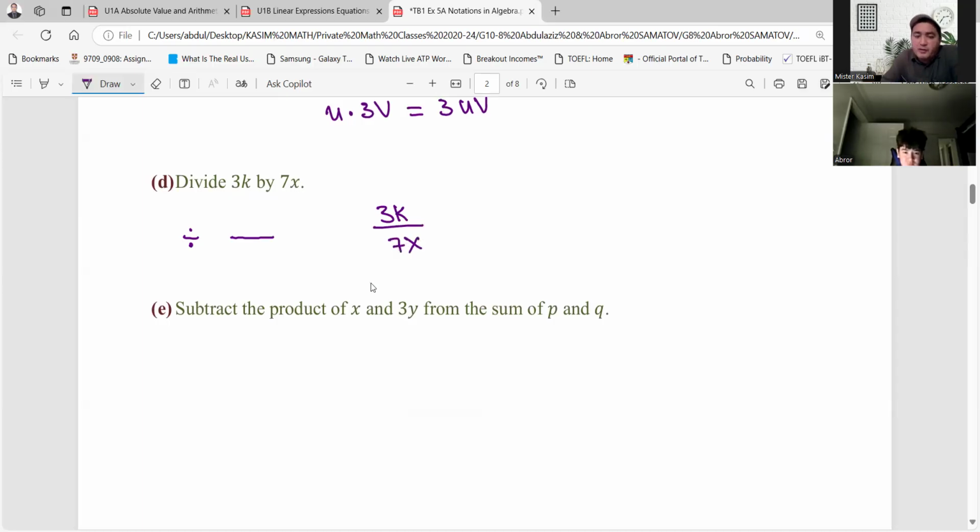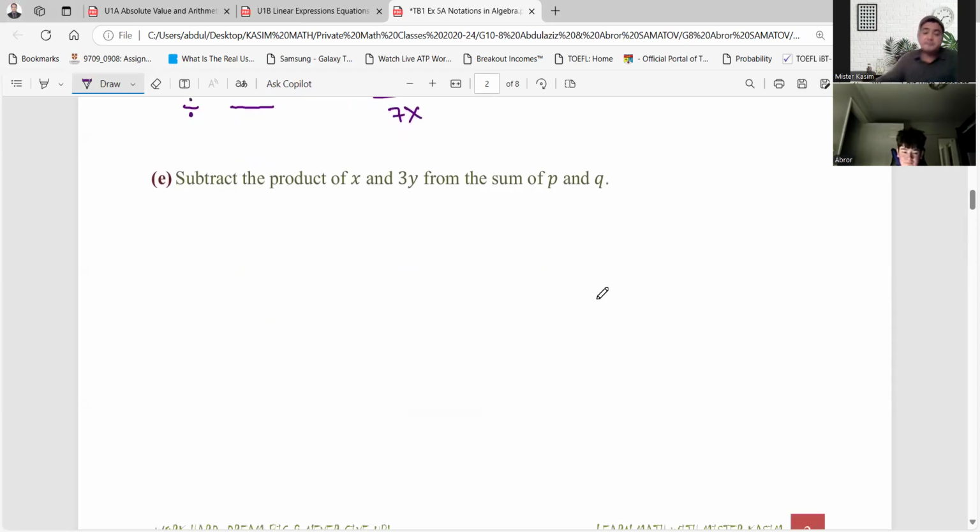How do we write division of something by something? 3k over 7x. Because we are preparing ourselves to solve problems, especially word problems. If you do not write the correct algebra expression, you won't be able to solve problems. You need to set up a correct equation so that you will get the right answer.